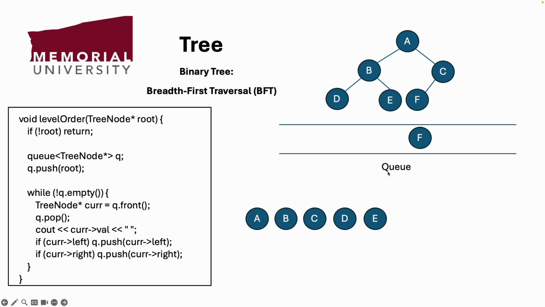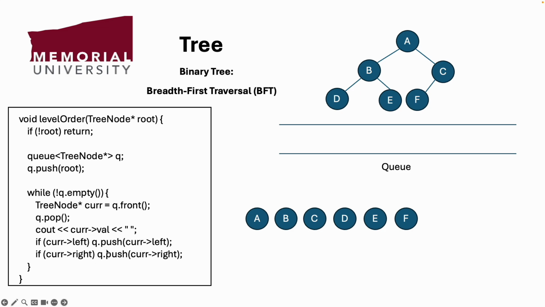Since the Q is still not empty, we keep going with this while loop. Now the current node points to F, and F is popped and displayed here. F is also a leaf node, it has no children.